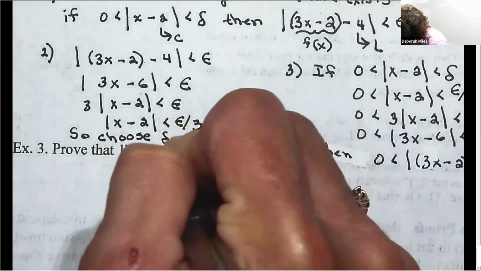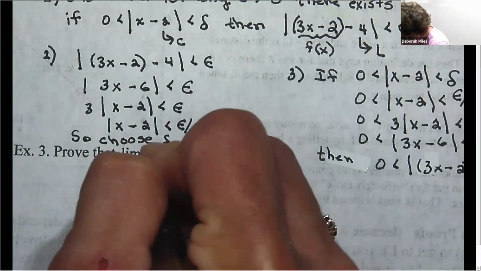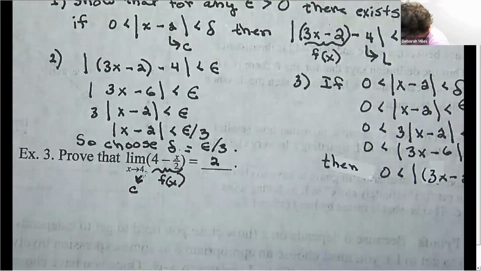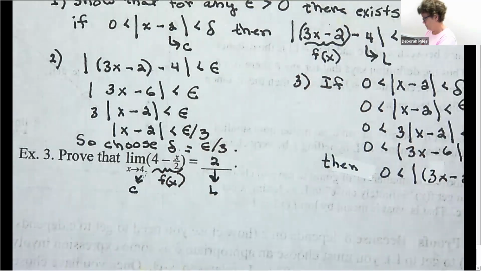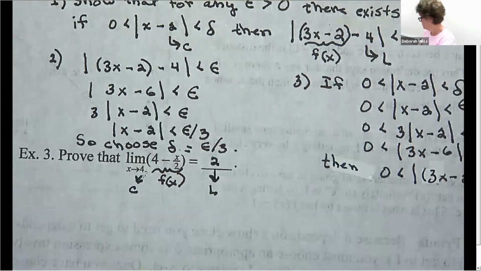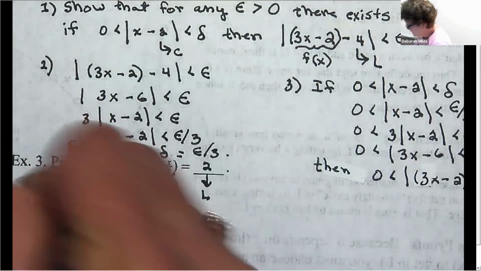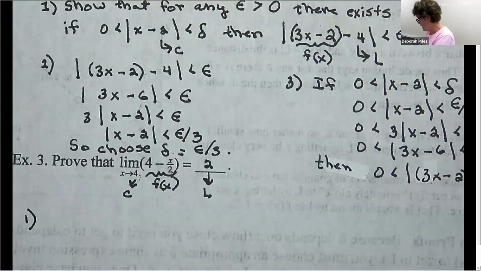So here's my function. Here's my c that x is getting close to, and here's my L that y is getting close to. Step 1, state what it is that you're trying to prove. And it has to be a full sentence with capitalization and punctuation.